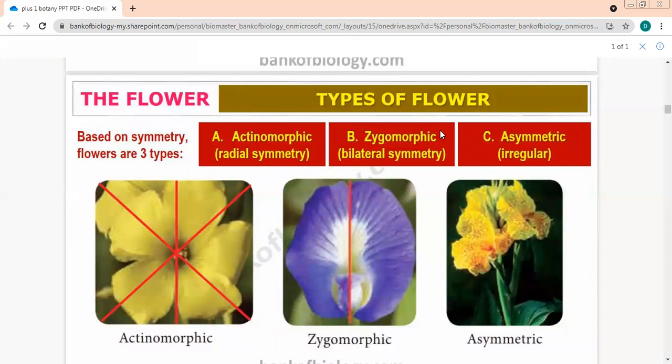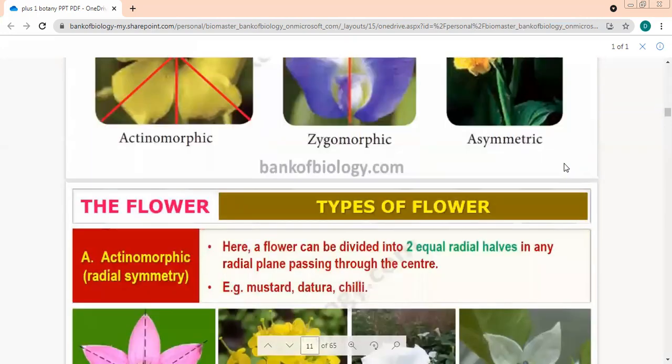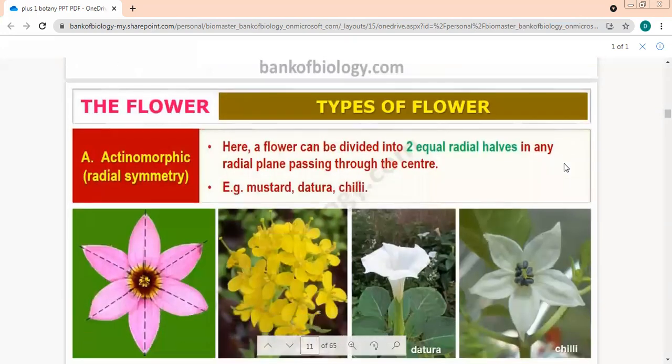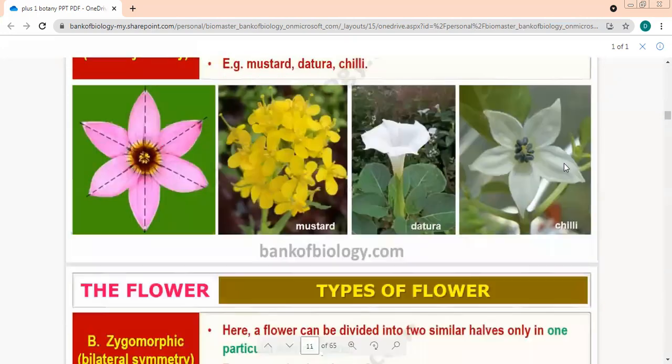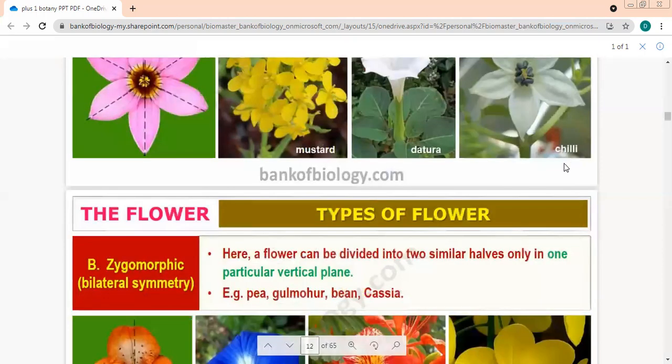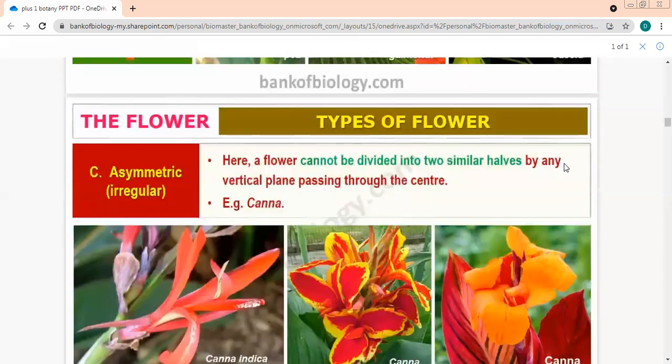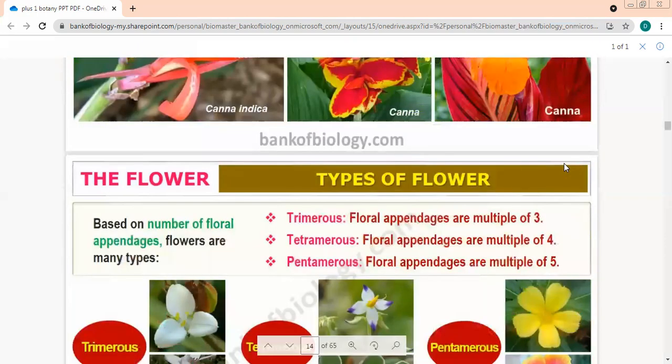This is totally asymmetrical. Okay. Irregular symmetry. So these flowers are asymmetrical flowers. This is actinomorphic. This is zygomorphic, bilateral symmetry. And this is your asymmetric or irregular flower.